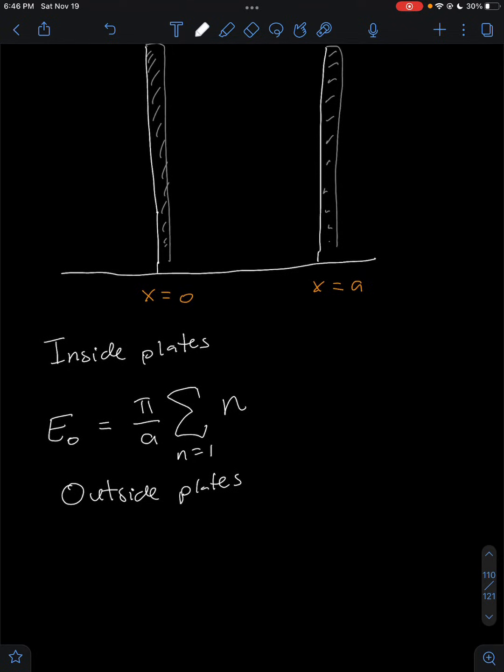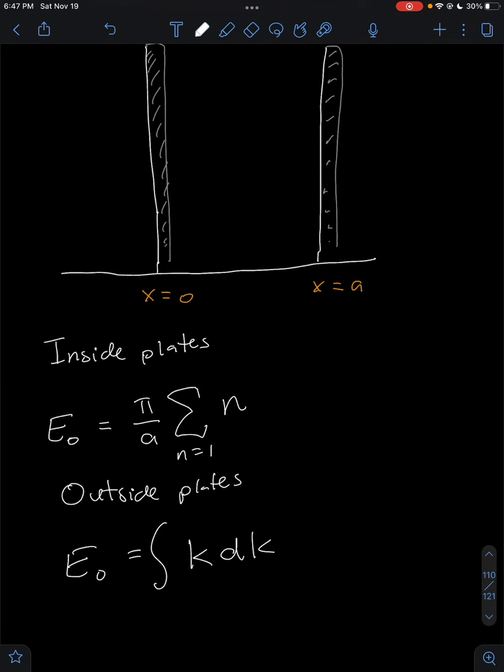So outside of our plates, by doing the exact same thing, we're going to have that the energy density is going to be the integral over k. It's a bit clearer to see if the dk is at the end of the integral, where we are integrating over all positive values of k.